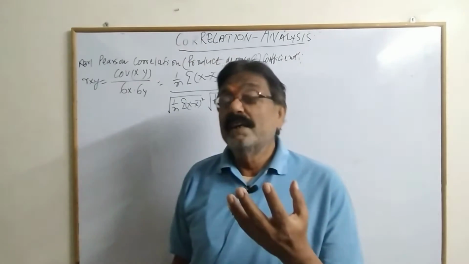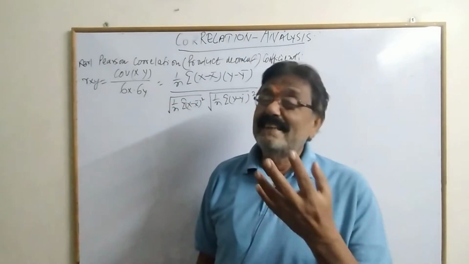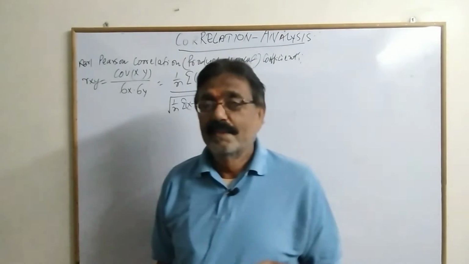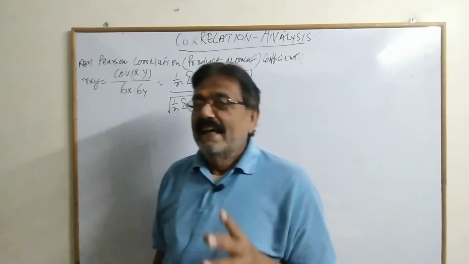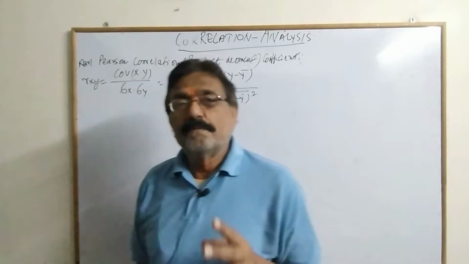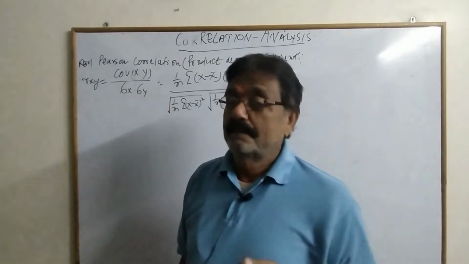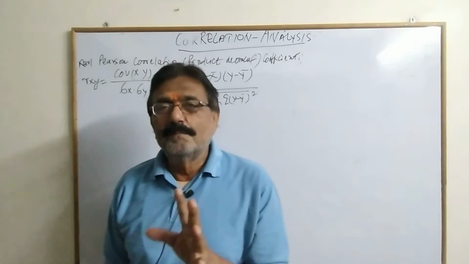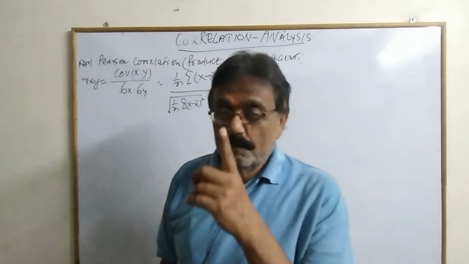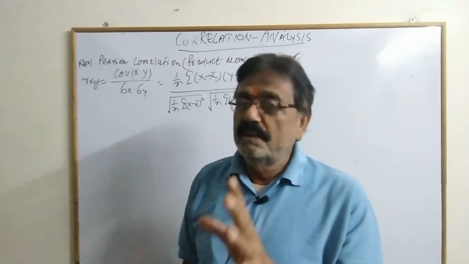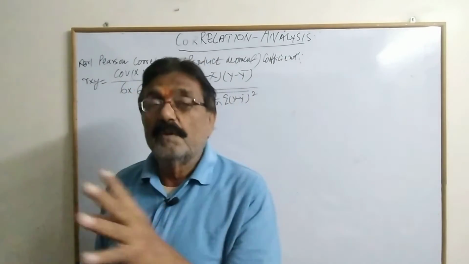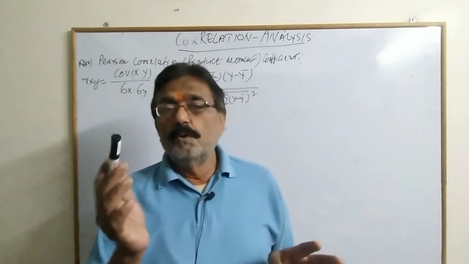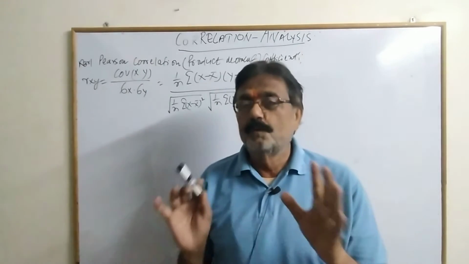But since covariance carries its own units of measurement of x and y, and any statistical measure must be free from units, to remove this unit of measurement Karl Pearson was forced to take the standard deviations of both variables in the denominator.